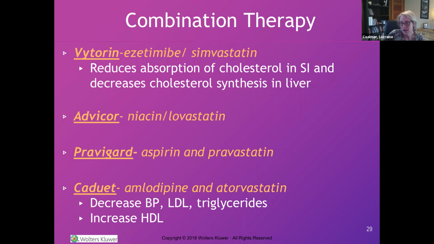Now, my dad does not have a blood pressure issue, so he's not on a blood pressure medication. He just has coronary artery disease due to his diabetes. Okay, so if they're hypertensive as well, this is a really nice choice because I can get two for the price of one, I guess, or kill two birds with one stone if you want to look at it that way.